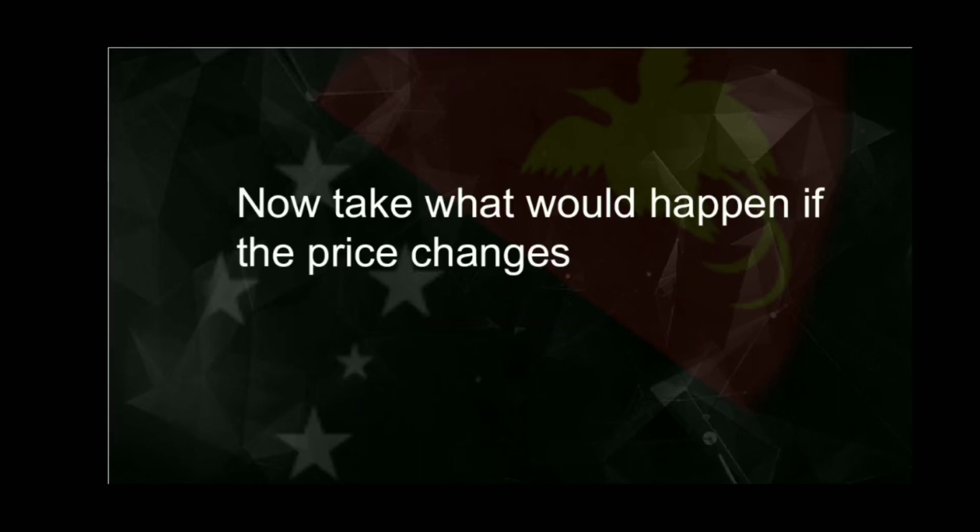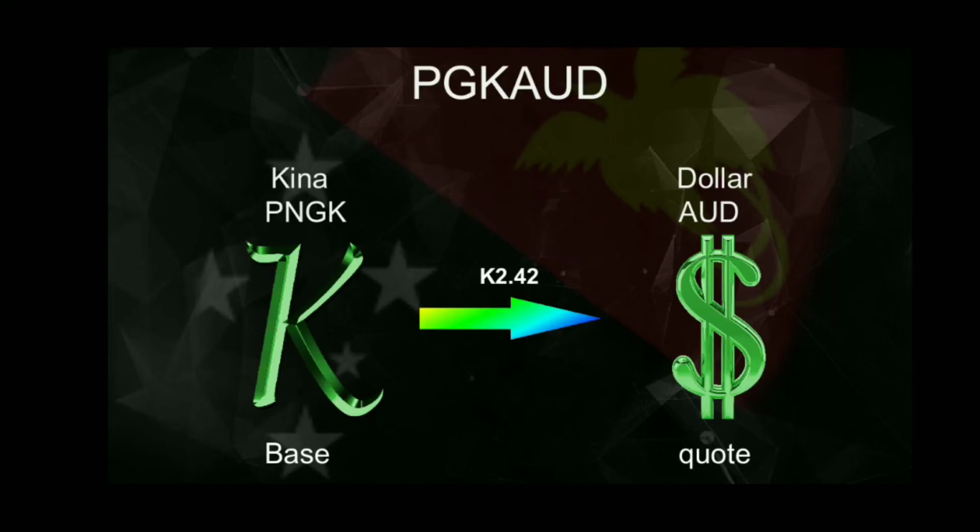Now, take what would happen if the price changes. Let's just say the Australian economy is booming due to the increase of the revenue from its GDP. Now, for our country, that would mean the demand for Australian imported goods will increase.